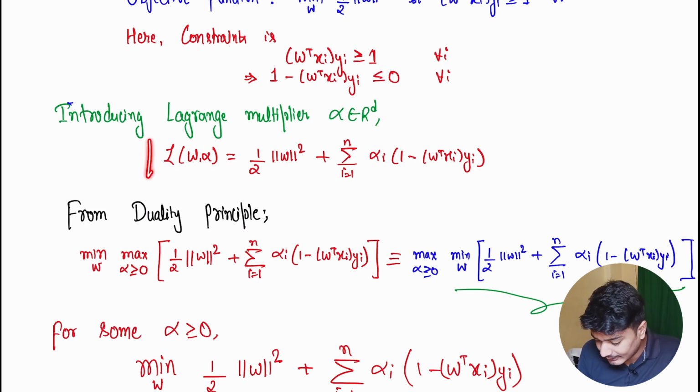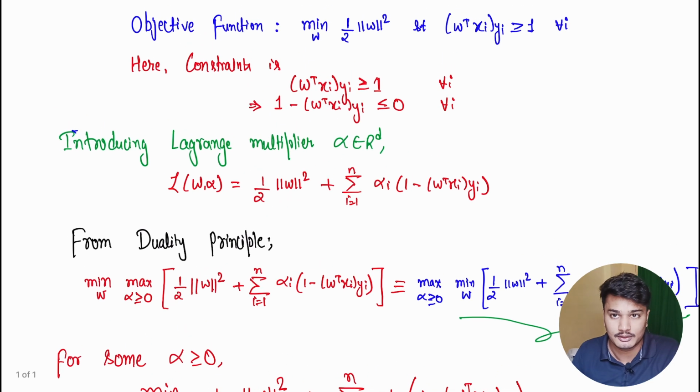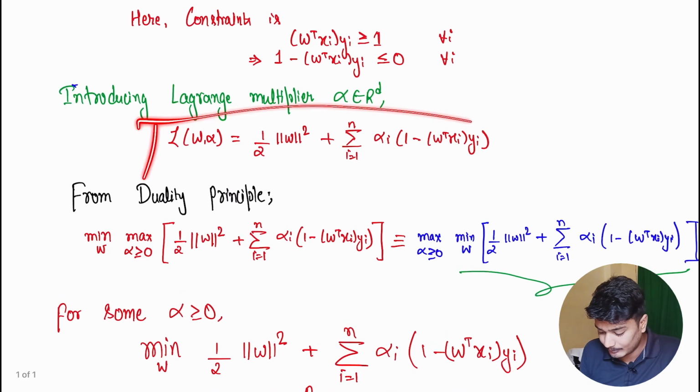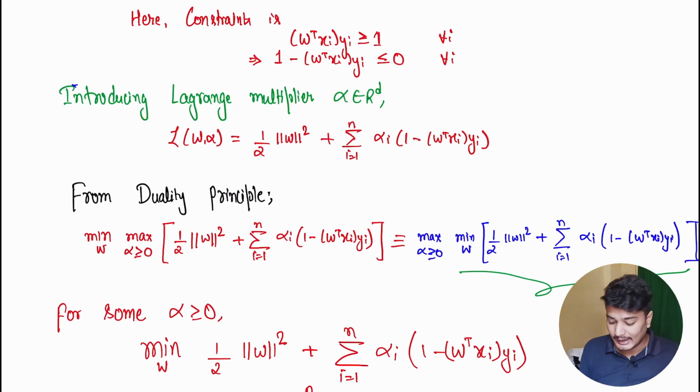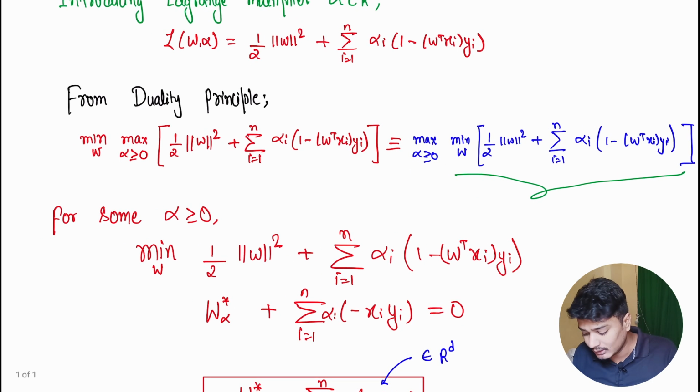So we can write our Lagrange function as f of w plus g of w, with multiple constraints. Now, as both are convex functions, we can use the duality principle, and we can write min over w of max over alpha greater than or equal to 0 of this problem as equivalent to max over alpha greater than 0 of min over w of this function. We can do this.